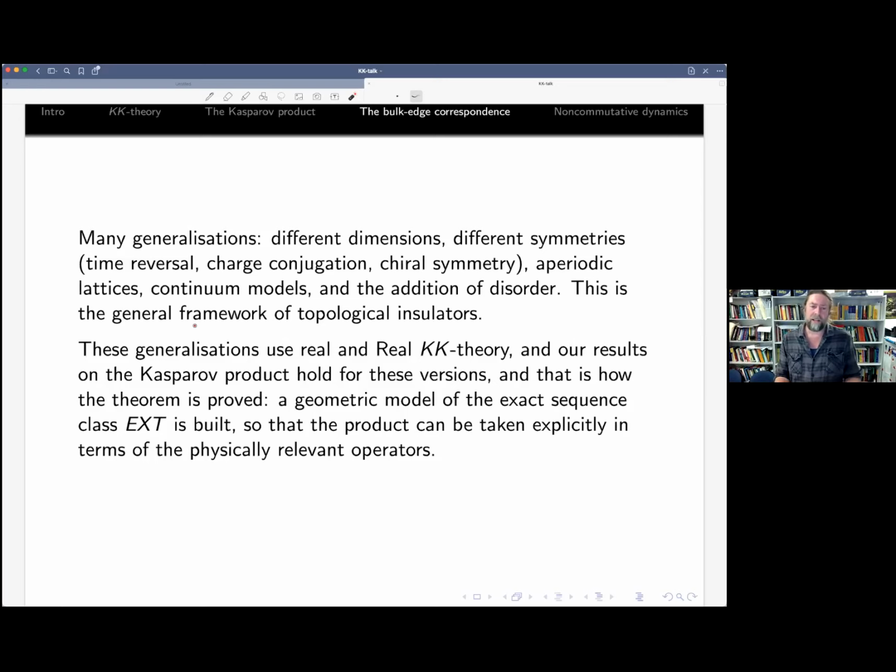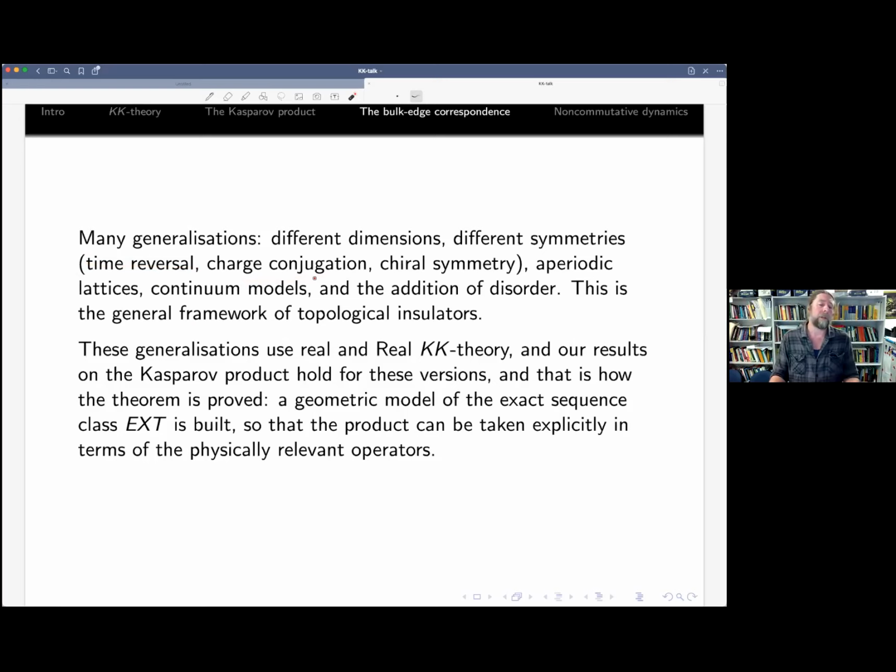Most of these generalizations, because time reversal and charge conjugation are both complex antilinear, you end up having to use real KK theory, but our results on the Kasparov product are basically unaffected by that. So you can use the results in the real case as well.